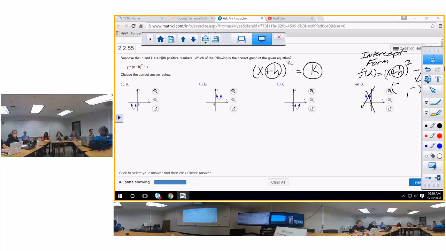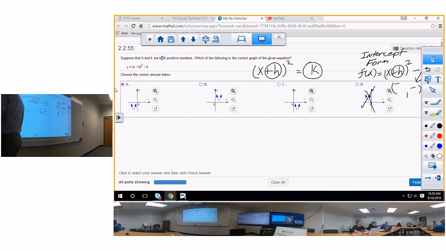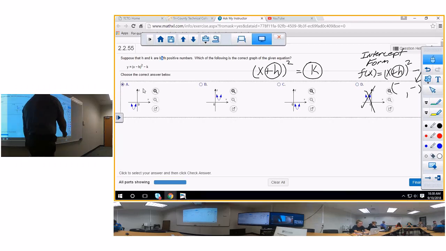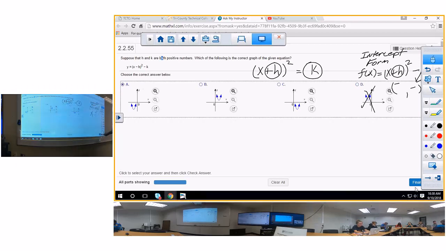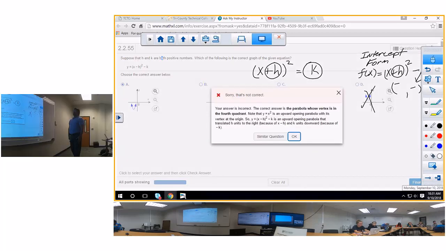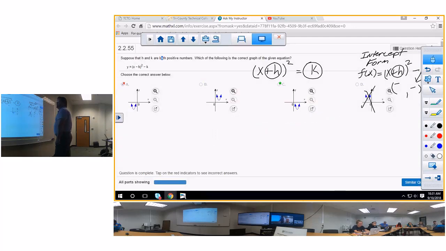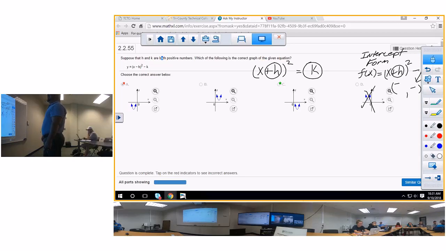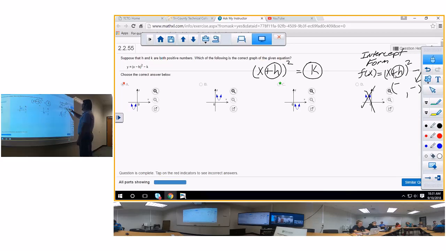Don't worry about this question on the test. I'm not going to give you one like this. I'm going to give you one that you can do with completing the square. Okay, I have no idea what the answer is now. This is a screwed up question. It'd have to be C. Unless they take, yeah, they're taking the opposite of h. Okay, I wrote positive here. I'm sorry, I wrote a positive.